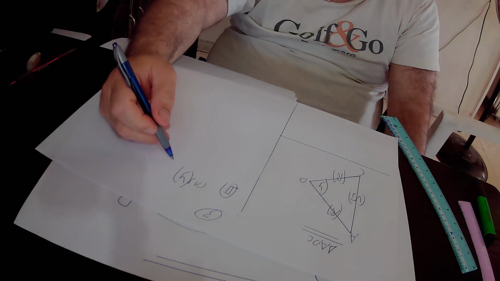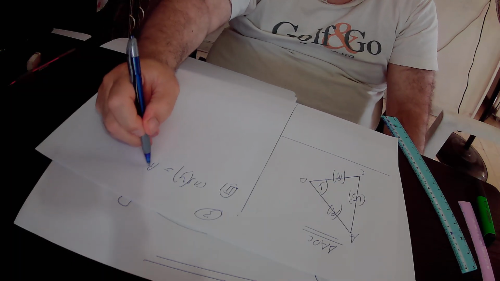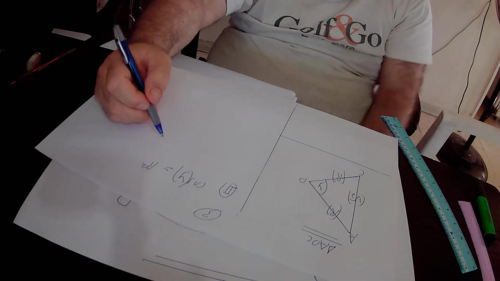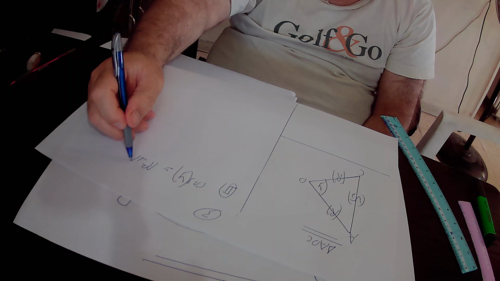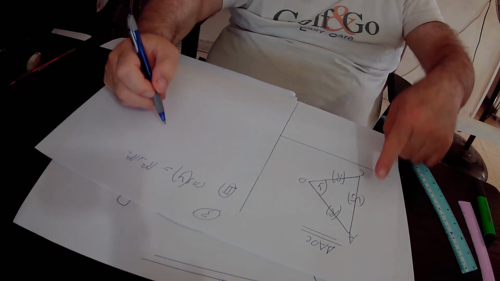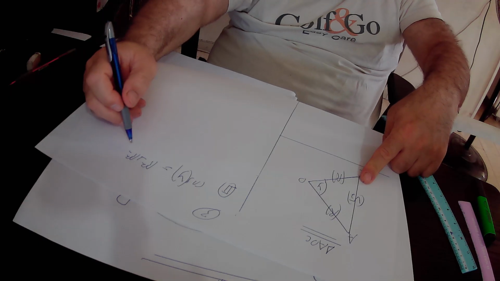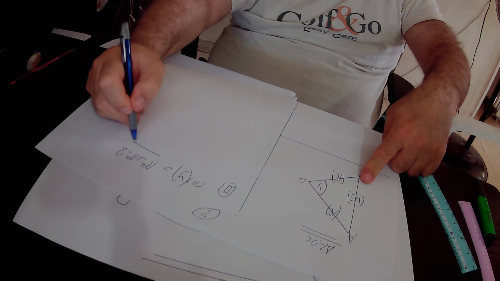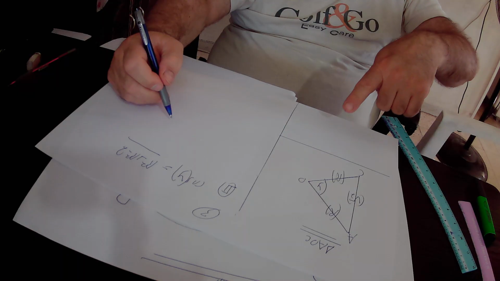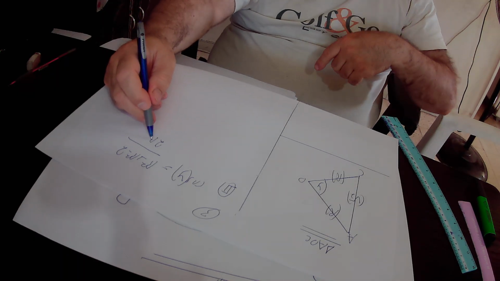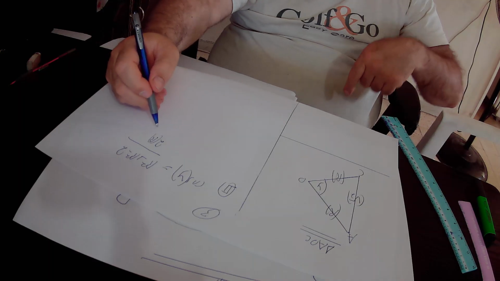AO is R, therefore AO squared is R squared, plus OC squared. OC is also R, therefore OC squared is R squared, so it is plus R squared, minus AC squared. AC is square root of 2, therefore AC squared is 2, so it is minus 2, divided by 2 times OA, which is R, times OC, which is also R.